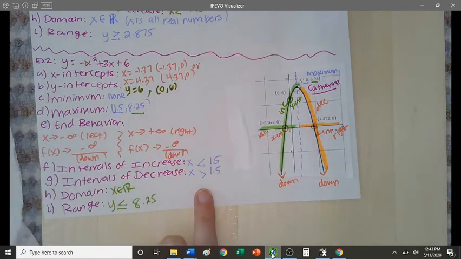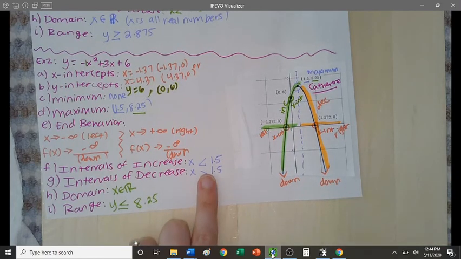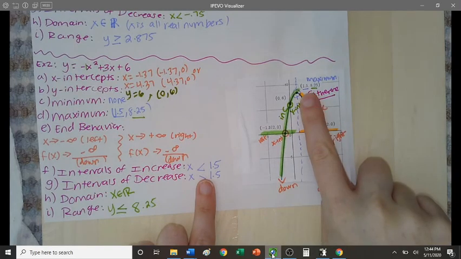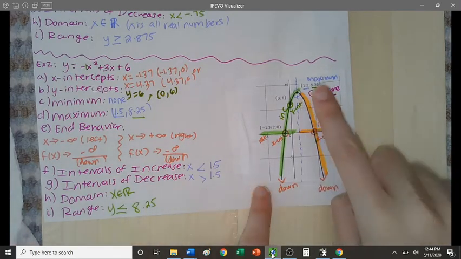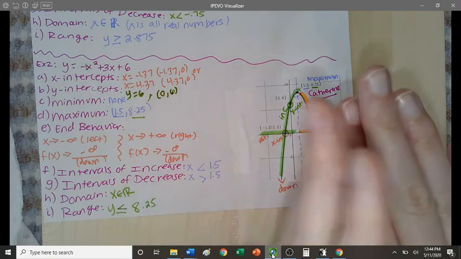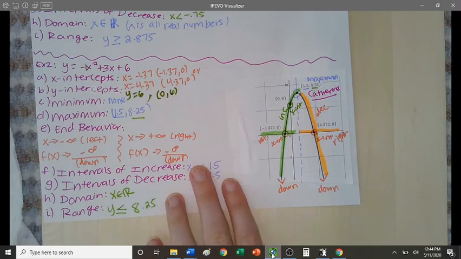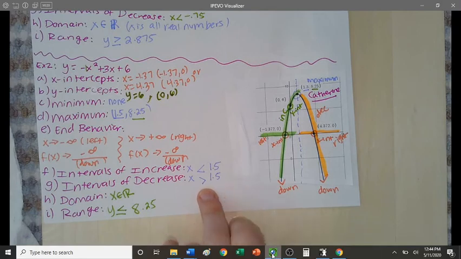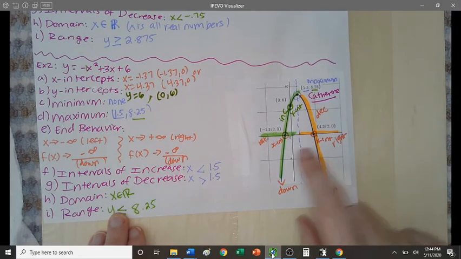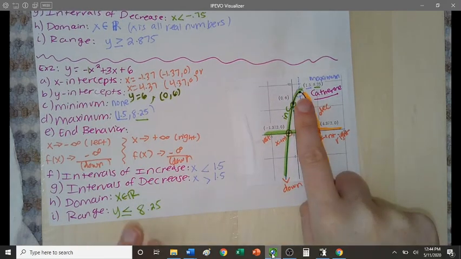So that's why when we do an interval of increase or decrease, we don't use an equal to symbol. It's either always greater than or always less than, because at the point where x is 1.5, it is transforming from an increase to a decrease or vice versa. So whenever you have an interval of increase or decrease, it cannot equal the value. When we have a range on a parabola, we'll always have an equal to because we should always have a shaded endpoint.